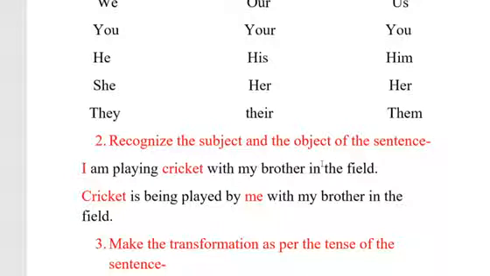This added information will be written as it is in the passive sentence also. Now this object cricket has moved to the front as a subject, and I has moved to the object in the form of me. So cricket is being played by me with my brother in the field.